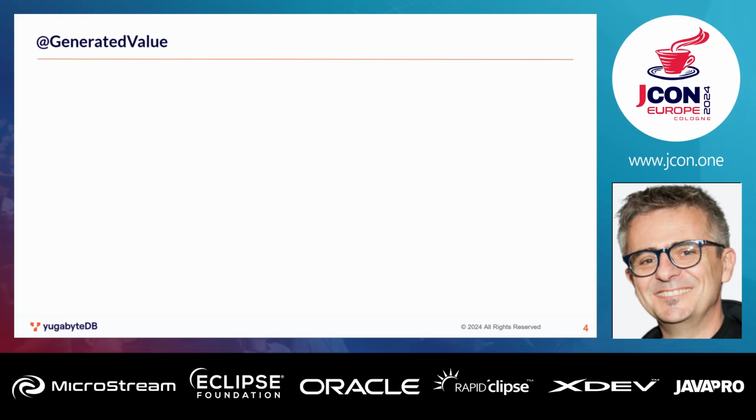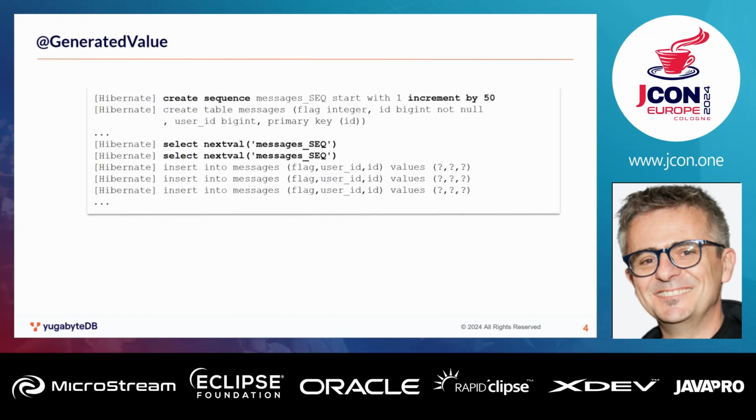So I will start with the generated value for those multiple calls. So select next val, and then I have many inserts. I don't have one select from the sequence per insert, so that's already a bit optimized, but I have multiple ones. Actually, with the default, I have one call to the sequence every 50 rows that are inserted.